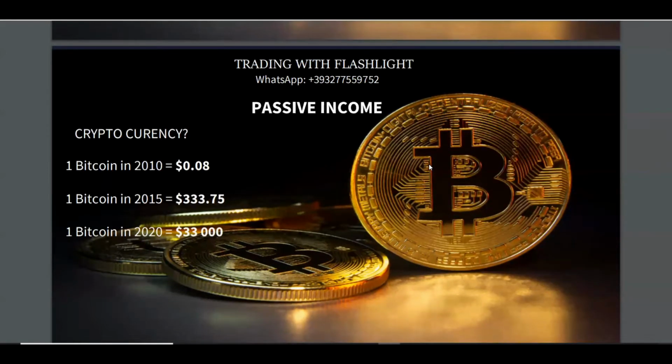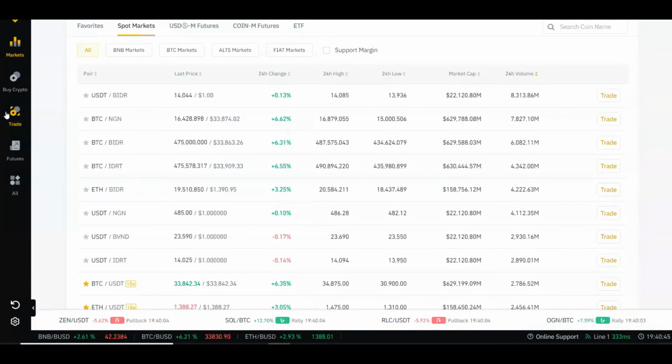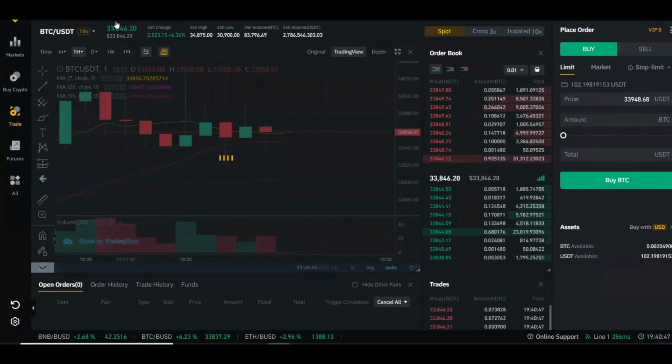Now, what happens 10 years later? Actually now, right now, as you can see, the value of one Bitcoin is 33,000, nearly 34,000. So that's the value of one Bitcoin versus the dollar.